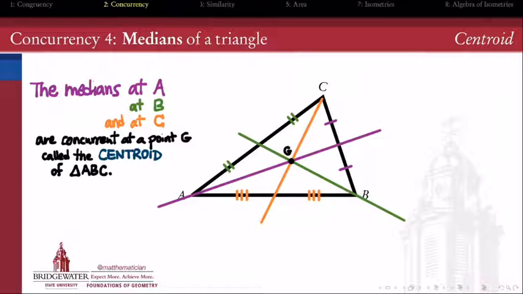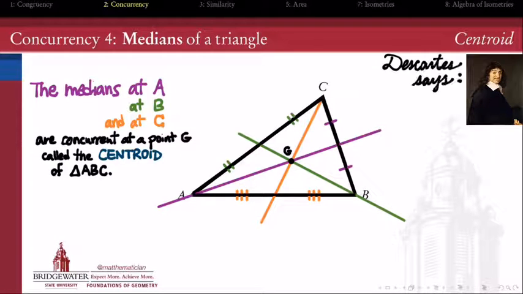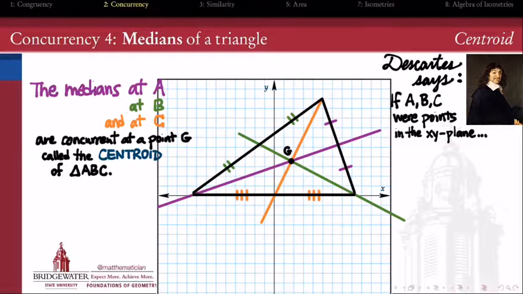But there is one cool thing that we can say about the centroid if we have some extra structure on top. Specifically, if I'm René Descartes, then I might take a view of this triangle as saying, well, let's embed this triangle within the xy plane. If I think of the three vertices of this triangle as points that have coordinates attached to them in the xy plane, having coordinates allows us to do arithmetic with these three points.